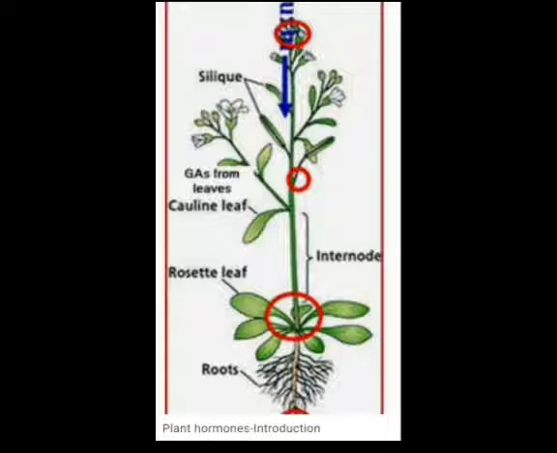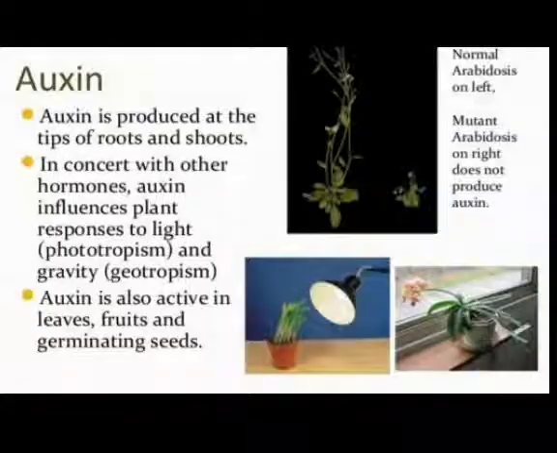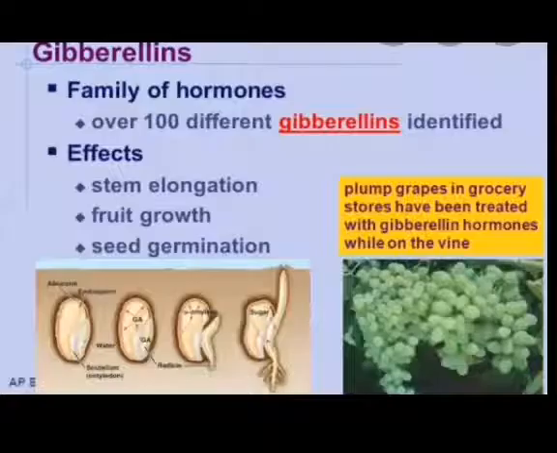First of all, we will talk about auxins. Auxins help in the cell growth at the shoot tips. By elongating the cells, they help in the growth process. Now comes gibberellins.